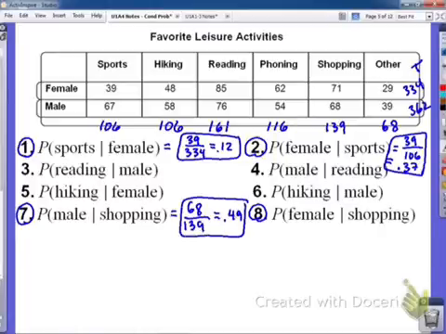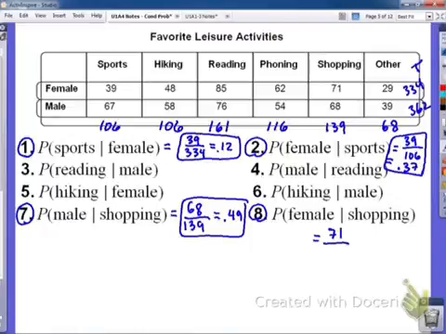Okay, number 8. Now we're going to flip this. Assuming that we select someone that prefers shopping, what's the probability that we select a female? And the answer will be, what's the total number of females that prefer to shop? 71.